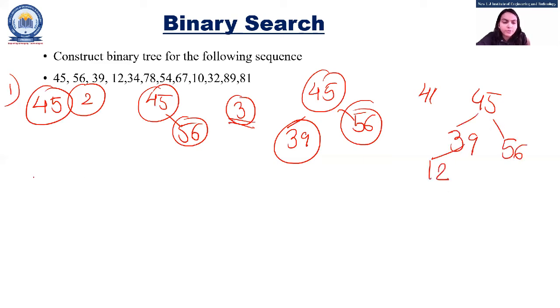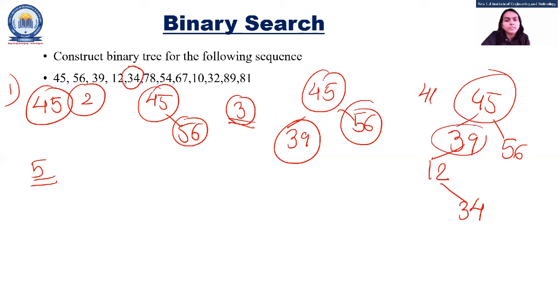Then again, fifth step, 34 would come on the left. Where will we place 34? Compared with 45, 34 is less, so on the left-hand side. Compared with 39, 34 is less, so left-hand side. Compared with 12, 34 is not less than 12, so it would be right of 12.